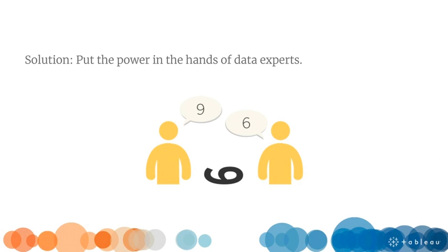So what's the solution? Put the power in the hands of the experts. As you can see from this picture, it really depends, or as I said earlier, it's a matter of perspective. Both of those individuals are looking at the same number. However, the person on the left sees a 9 and the person on the right sees a 6. So you need to give them a tool that allows them to analyze the data from their perspective.